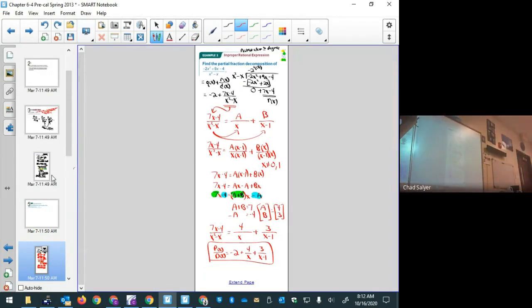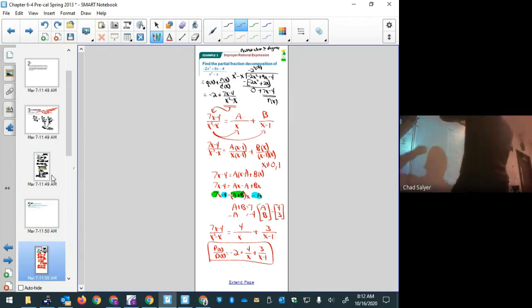So there's the original equal to a partial fraction decomposition. Questions about that? Anybody?